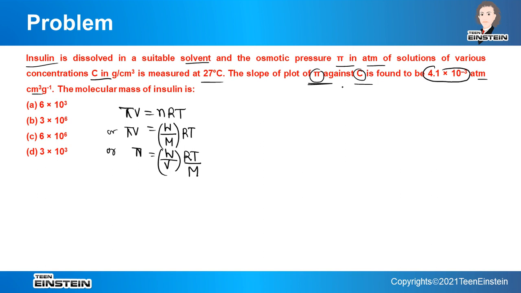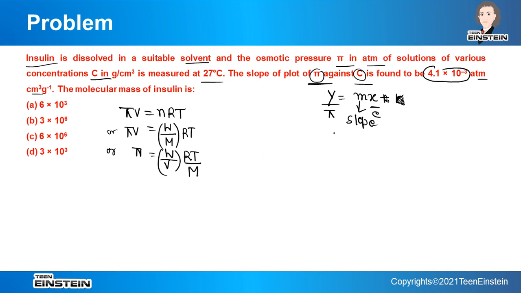For pi versus C, basically it will be y equal to mx plus constant, suppose it is k. Here y is pi, x is c, m is slope. Basically there is no constant because it is a straight line equation of the type y equal to mx, that is it will go through the origin. There is no intercept, so k will not be there.